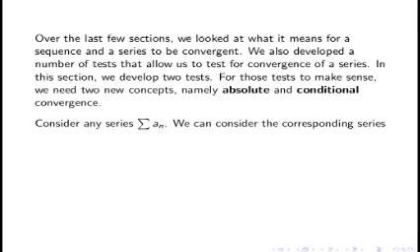So, suppose we've got a series a_n. Now, we can consider another series which is related to the series, in which instead of looking at a_n, each of the component terms of the series, we look at the absolute value of that a_n.